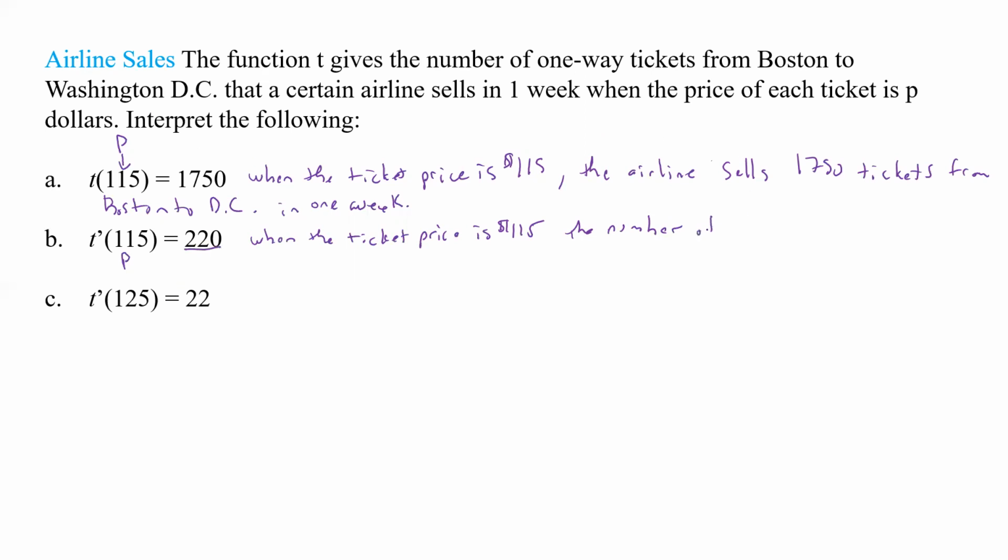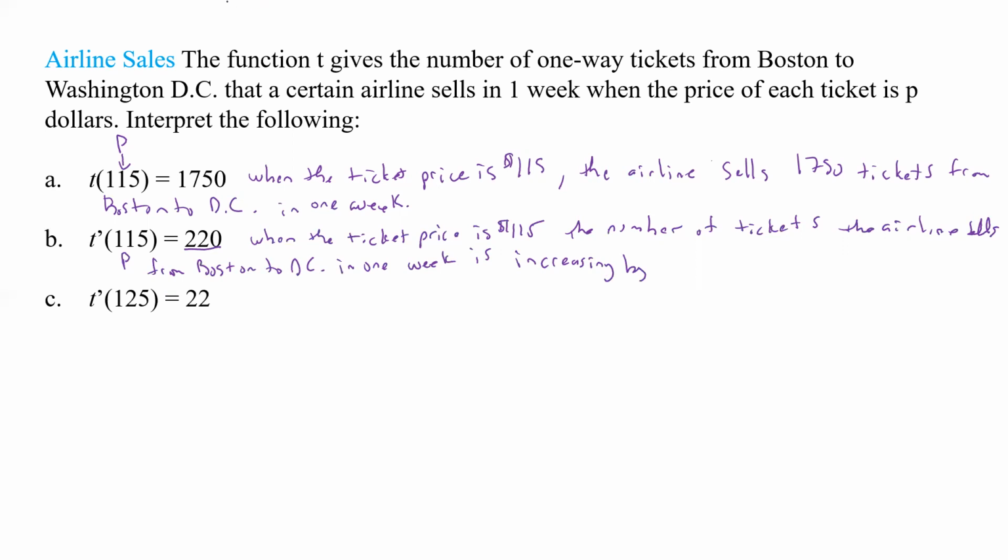The number of airline ticket sales from Boston to DC in 1 week is, now we have to remember it has to be in that increasing form first, so it's going to be increasing by, now how much is it going to be increasing by?